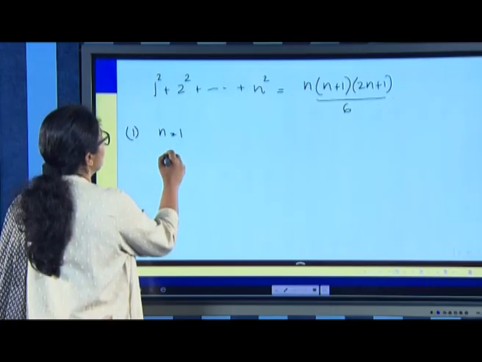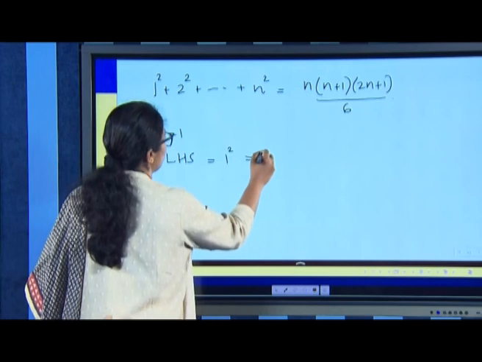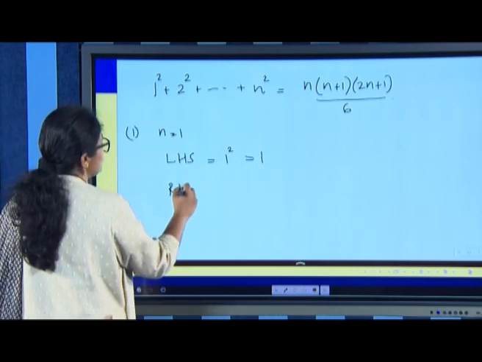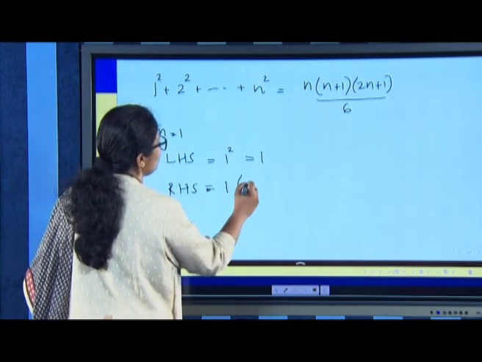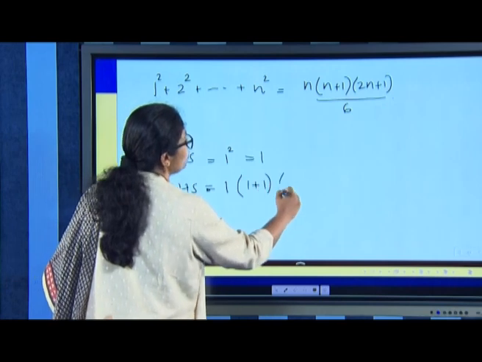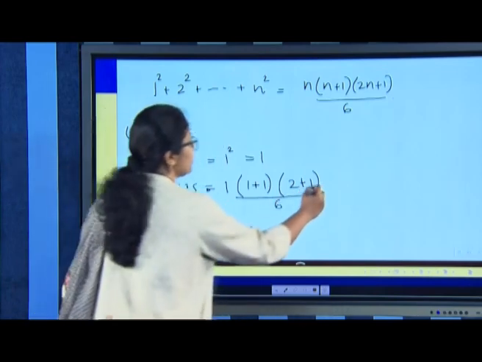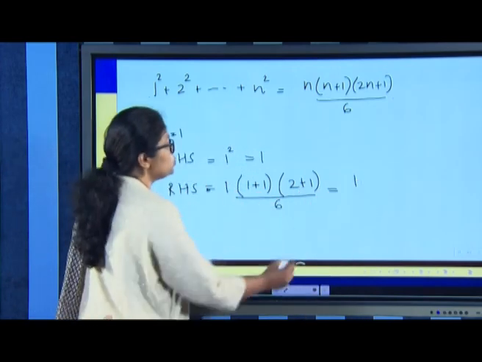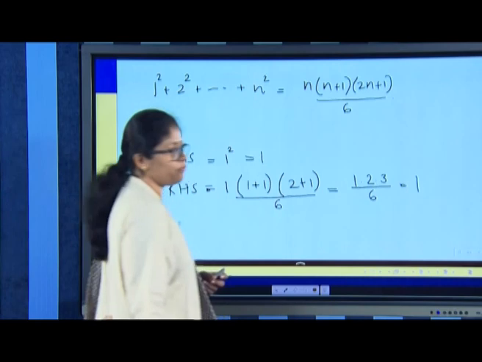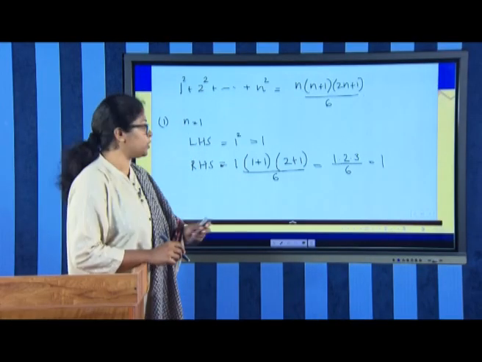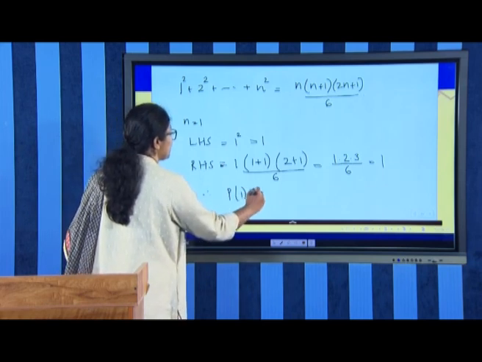So, we consider LHS is equal to 1 square, which is equal to 1, RHS is equal to 1 into 1 plus 1 into 2 plus 1 upon 6, which is nothing but 1 into 2 into 3 upon 6, which gives you 1 itself. So, we can see that the LHS is equal to the RHS in this case. Therefore, P of 1 is true.